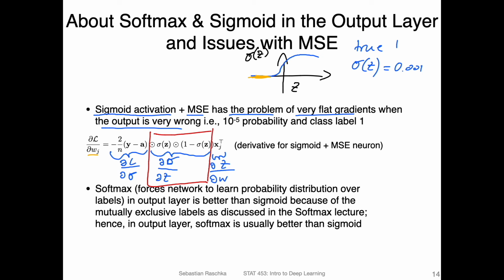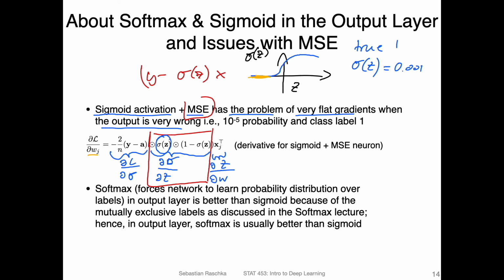When we had the binary cross entropy and the sigmoid activation, things canceled nicely, so that we ended up with this nice learning rule where we didn't have this problem. But if we use, for example, a mean squared error function combined with these sigmoid activations, we end up with this derivative here that has the problem that it has this term itself.